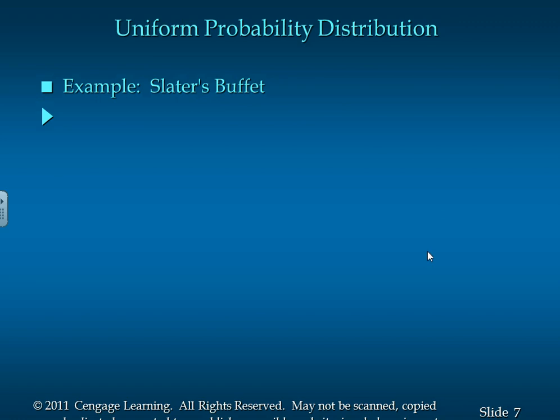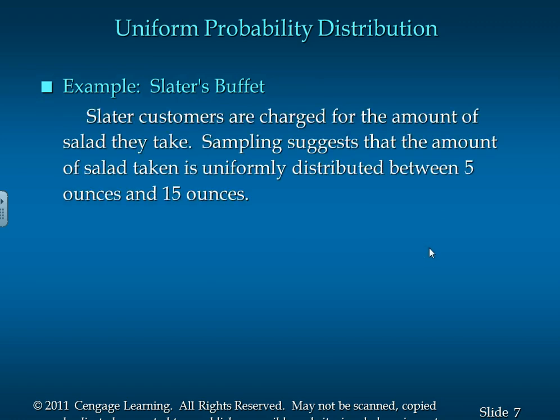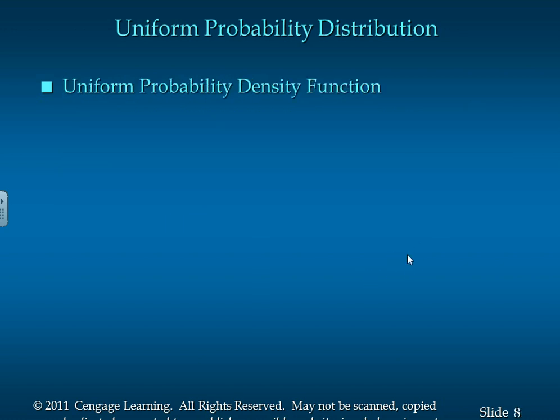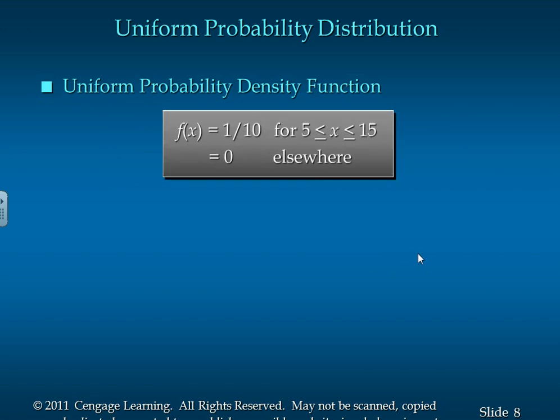Statter's buffet. Oh, buffet. Customers are charged for the amount of salad they take. Sampling suggests that the amount of salad is uniformly distributed between 5 and 15 ounces. Okay. Uniform probability distribution function.